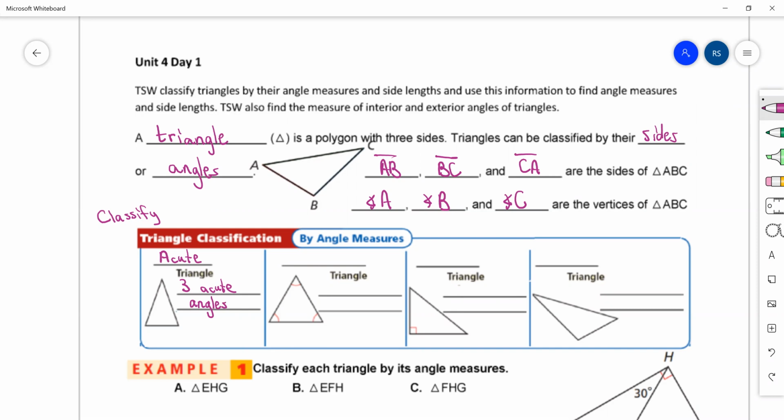The next one, all the angles are the same. So we call it an equiangular, it's a weird word, equiangular triangle. Meaning that it has 3 60-degree angles.